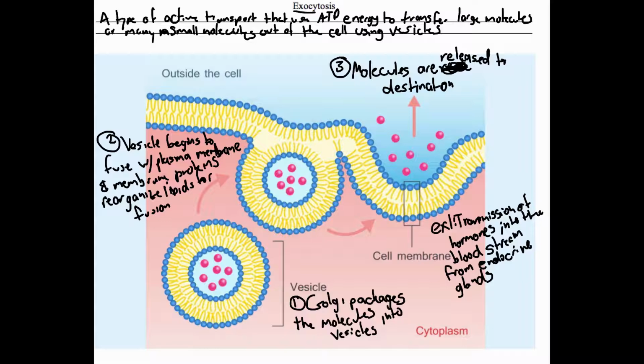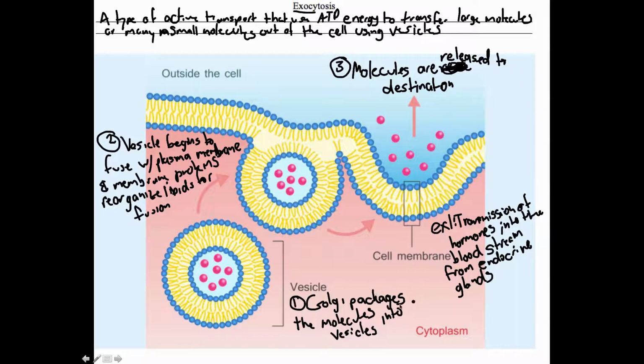In order to release these hormones, cells get signals that tell them to release these packaged hormones in vesicles out into the bloodstream. If this was an endocrine cell, it would bring the vesicle to the plasma membrane, and the hormones would be released into the bloodstream, and then they can flow out and do their job.